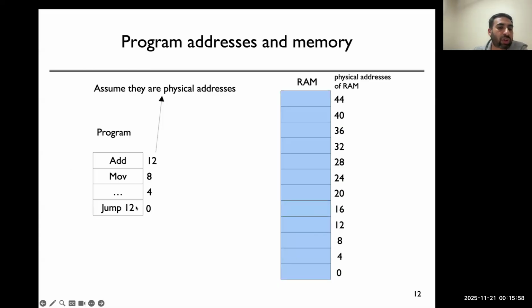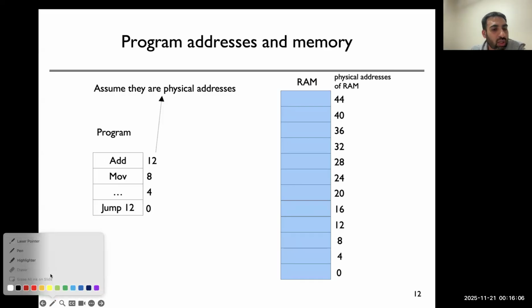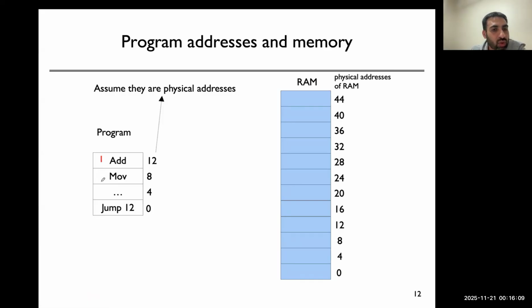On the left side, you have a program with a couple of instructions, and finally you are saying jump to 12. So you are saying, go to the first instruction. So actually there is a loop, right? This loop will be executed infinitely, right?